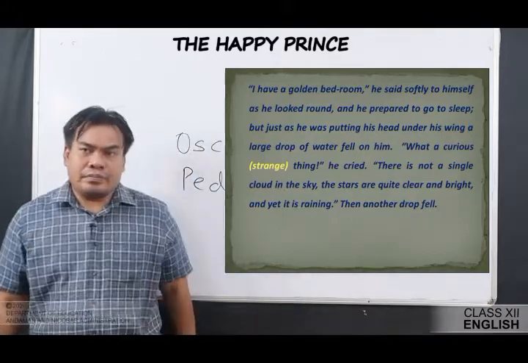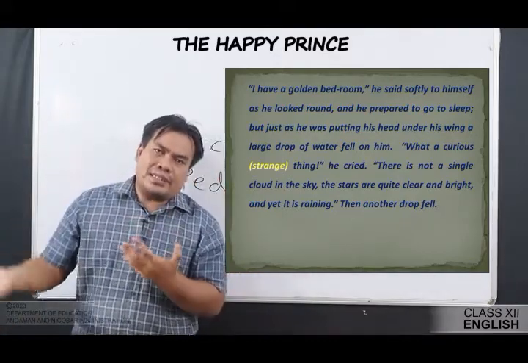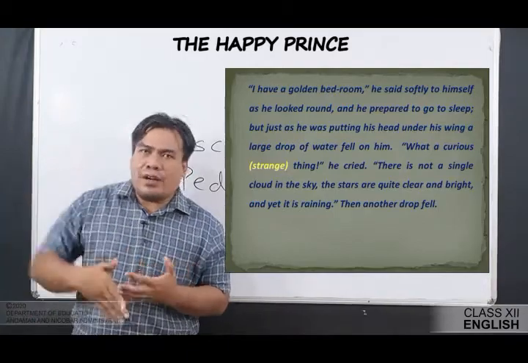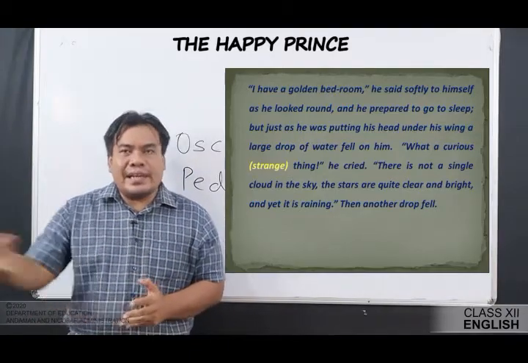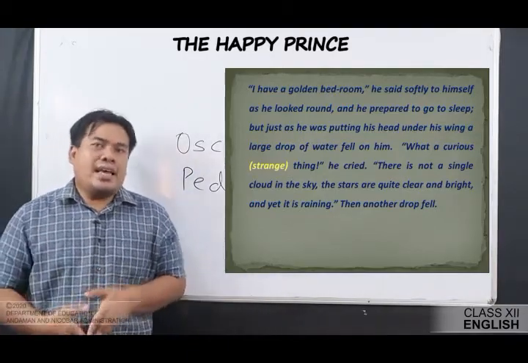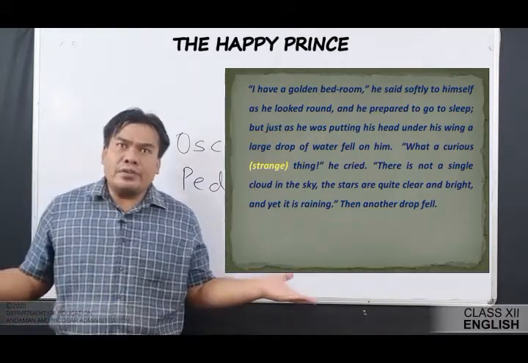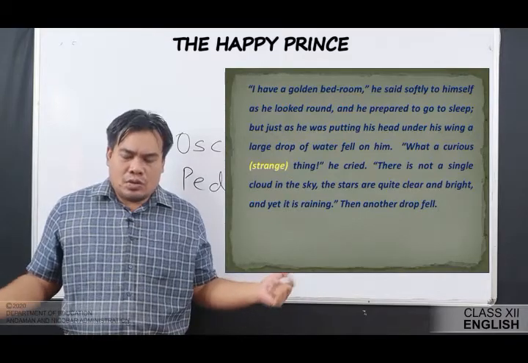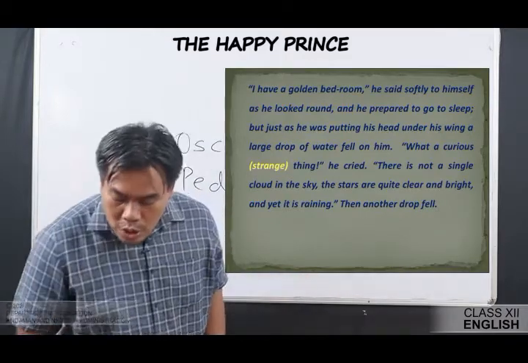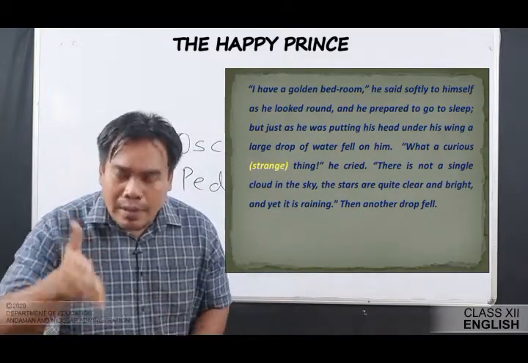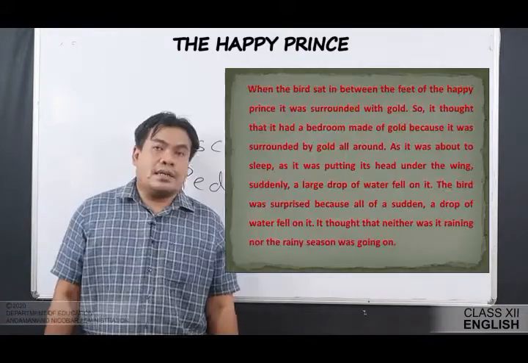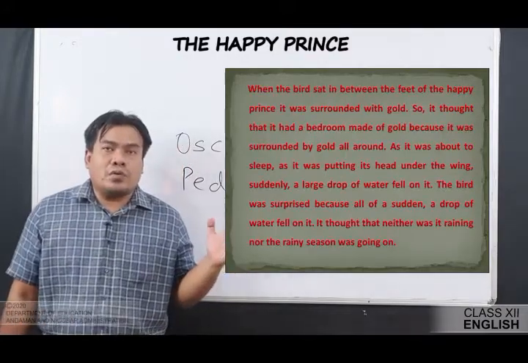Then, as he was thinking, another drop fell also, and it kept on falling, and it was not raining. So he looked above. Let's see what is going to happen.